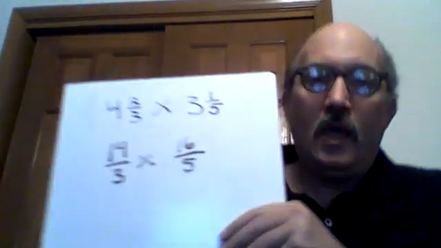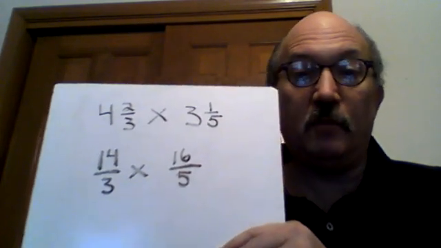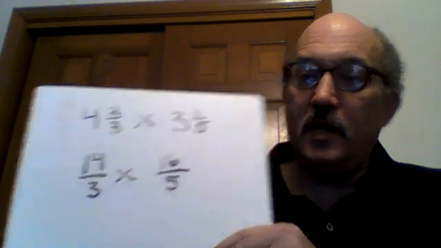We said earlier that this is 14/3 times 16/5. And now the easiest thing that we do in middle school math is to multiply two fractions. Multiply across the top and bottom. And of course the denominator will be 15.